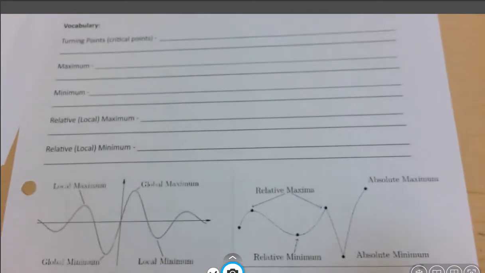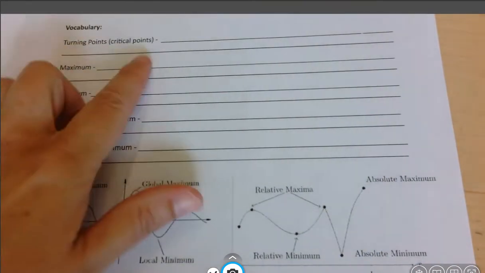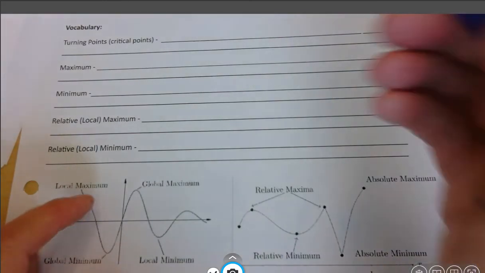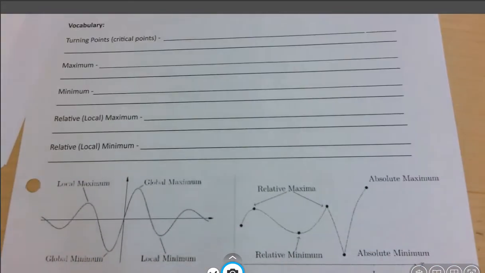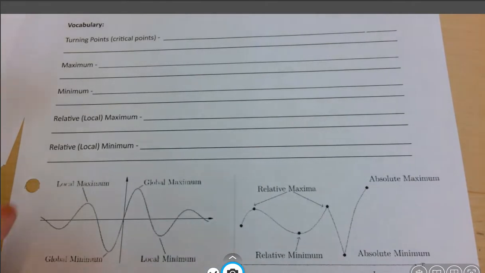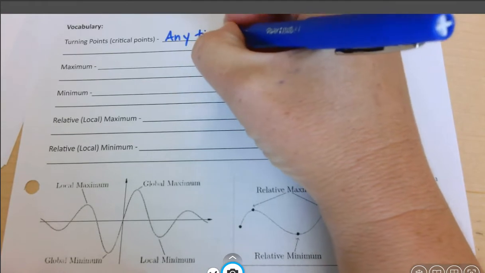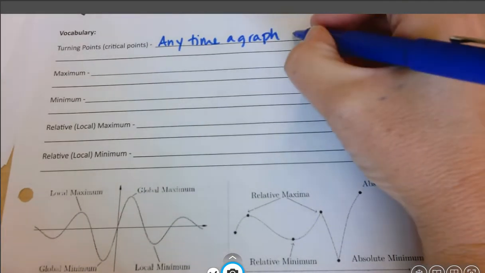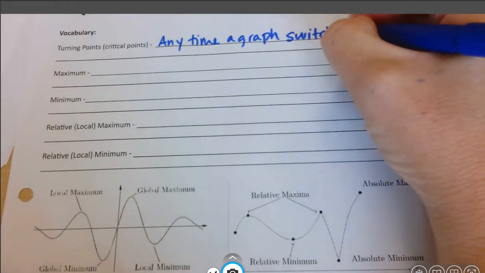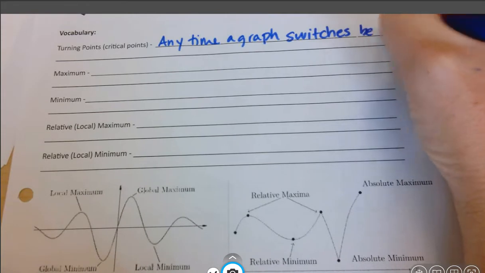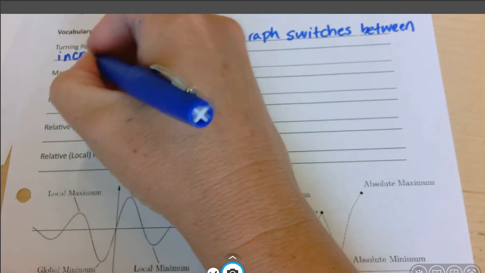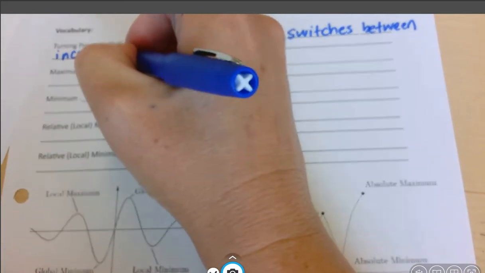So turning points are basically all of these together. Anything that's any kind of maximum or minimum is a turning point. Turning points happen anytime you switch from increasing to decreasing, or decreasing to increasing. Anytime you switch between increasing and decreasing, you have a turning point.